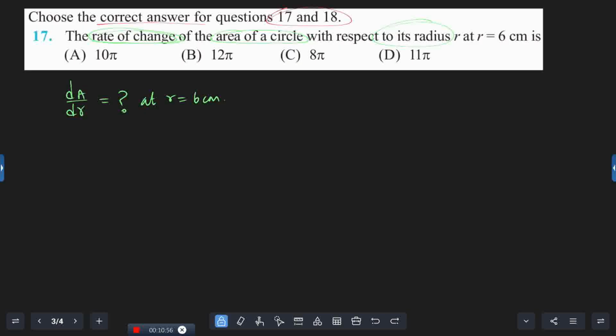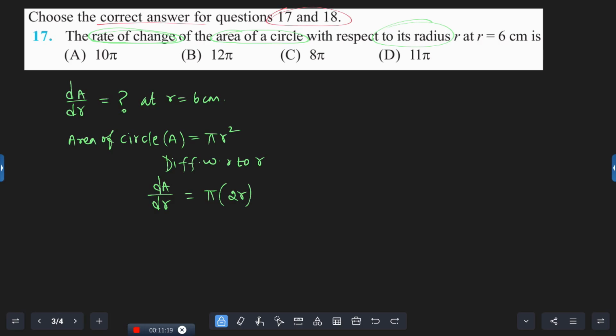Area of a circle we know, that is A is equal to pi r square. When you differentiate with respect to radius r, dA divided by dr is equal to pi times r square derivative 2r, so 2 pi r. Now what is the r value given? 6.